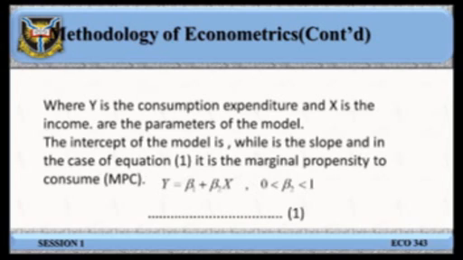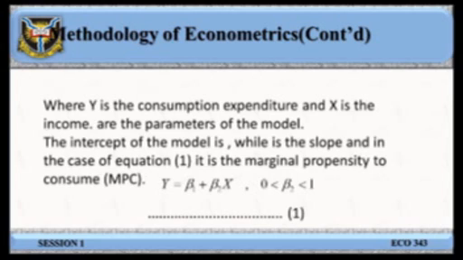The mathematical model of equation 1 states that consumption is linearly related to income and shows the relationship between consumption and income. This is also known as the consumption function. A model is said to be a set of mathematical equations.